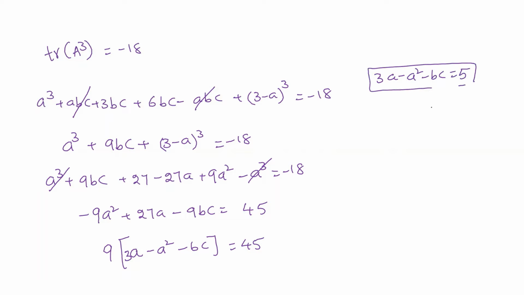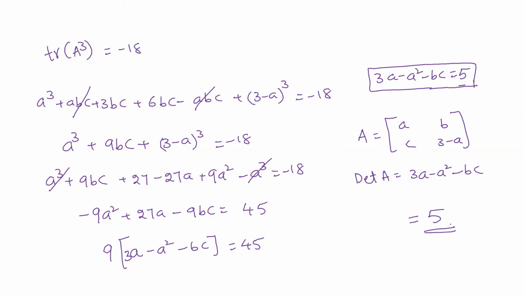Now, if you remember the matrix A, we have A, B, C, and 3 minus A. And if we talk about the determinant of this matrix A, that is nothing but 3A minus A square minus BC, right? So whatever value we got here is actually the determinant value, which will be equal to 5. So for this question, we are getting the answer as 5.